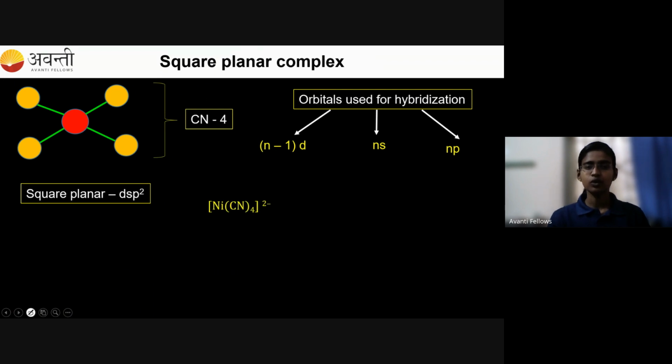So I have taken nickel tetracyanide complex, and this complex is diamagnetic in nature. Okay. So what is the oxidation state of the nickel in the complex? Can anyone tell me the oxidation state of nickel in the complex? Try for the oxidation state of nickel in the complex.